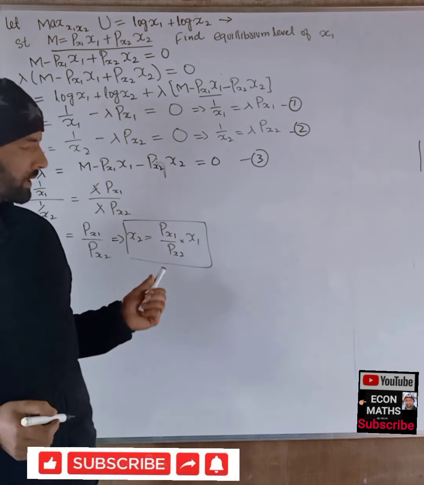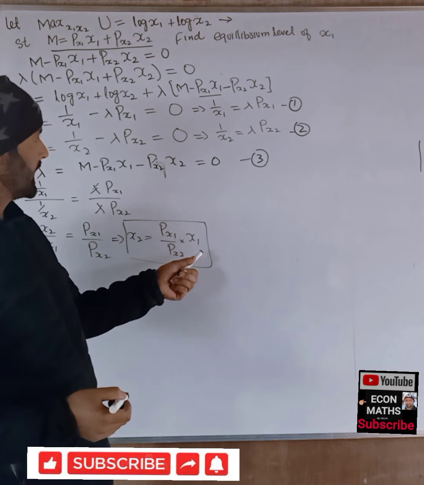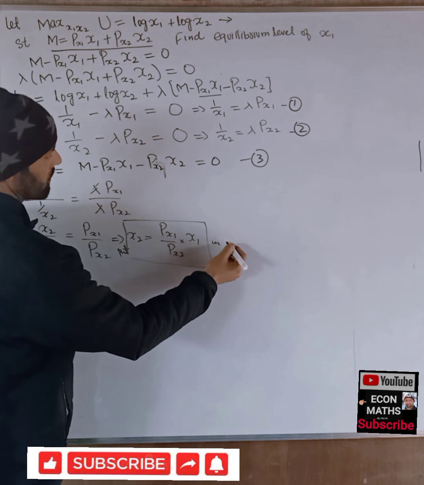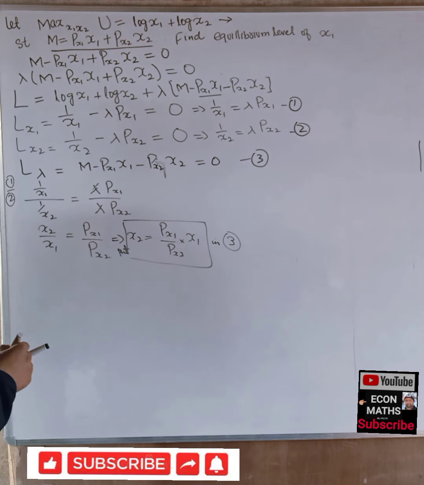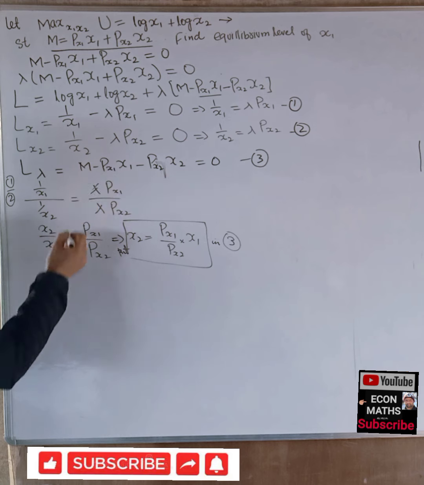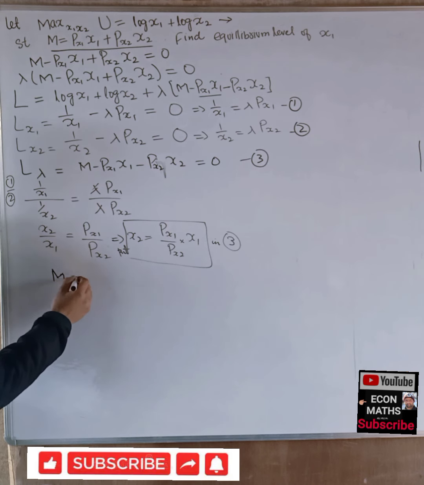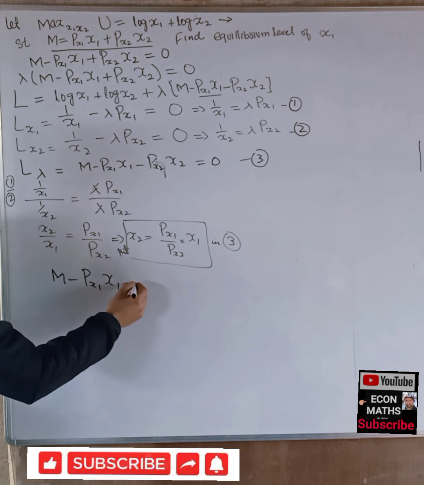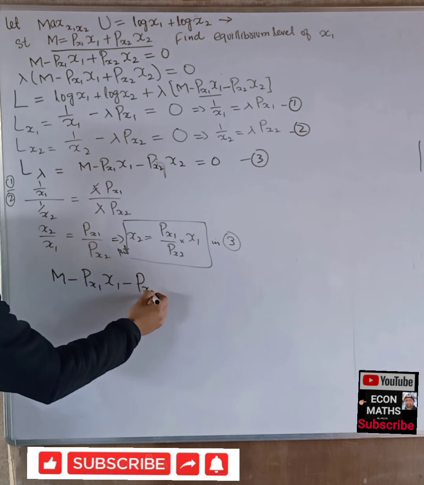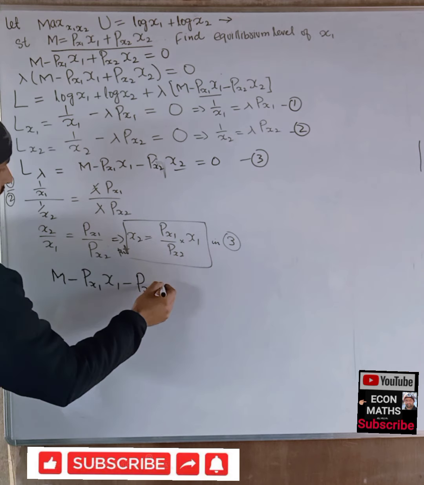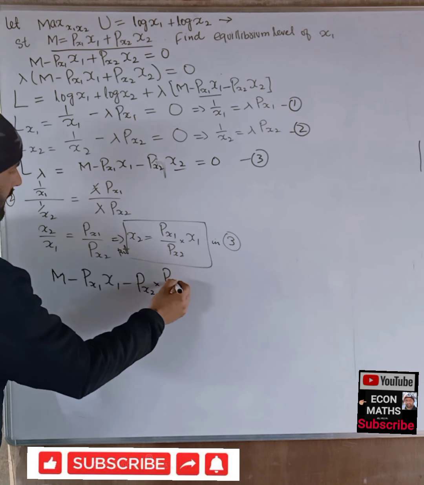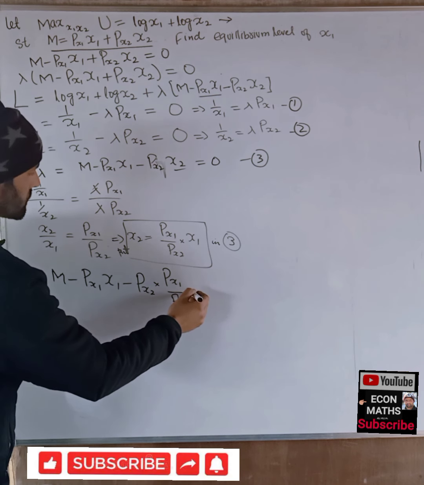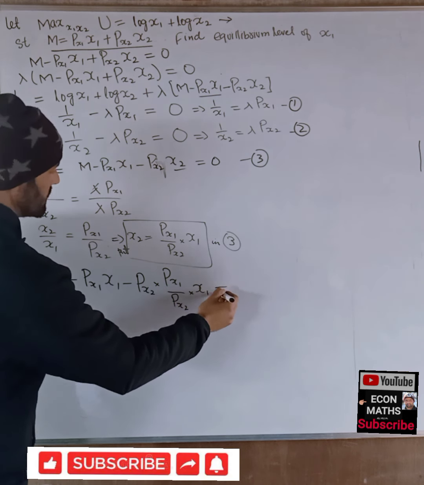So we will put this value of x2 in equation third. What will we get? We will get m minus p x1 times x1 minus p x2 times the value of x2, which is p x1 divided by p x2 times x1, equal to 0.